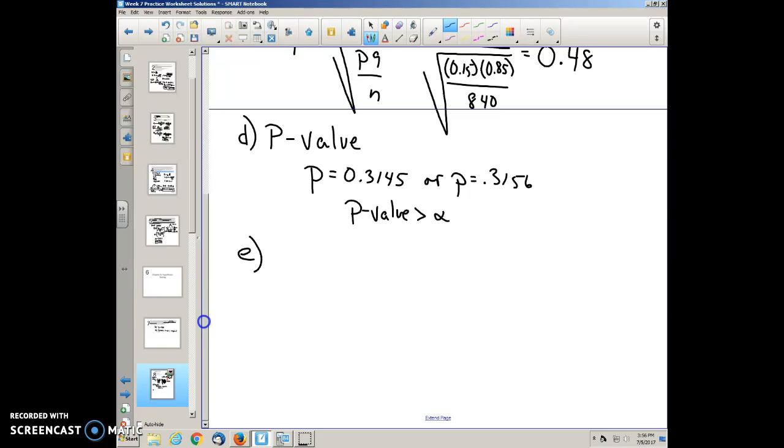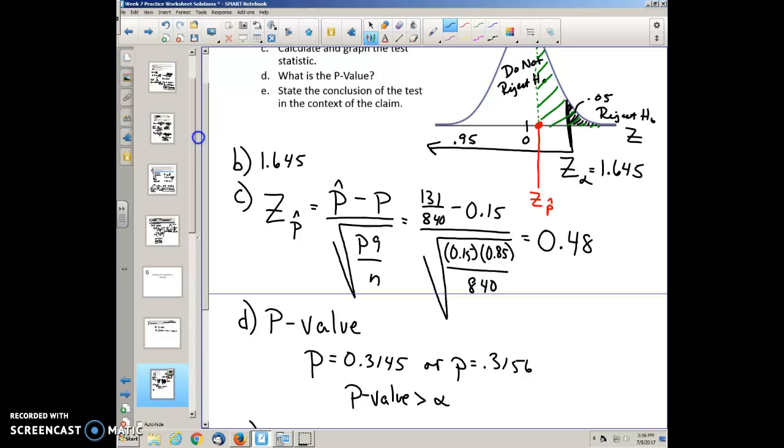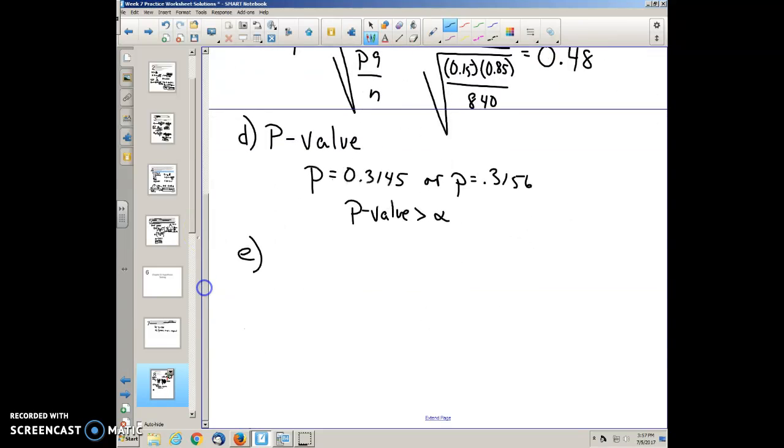Therefore, and also just by looking at where it's placed, we can tell the test statistic z sub p-hat is not in the critical region. Therefore, we fail to reject the null hypothesis.